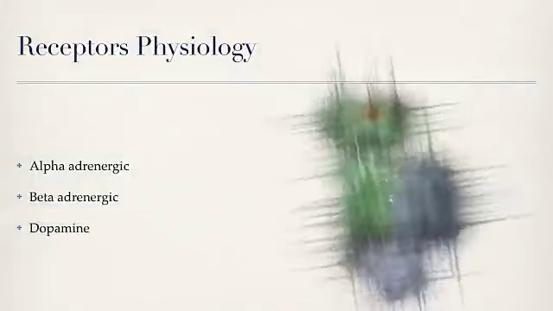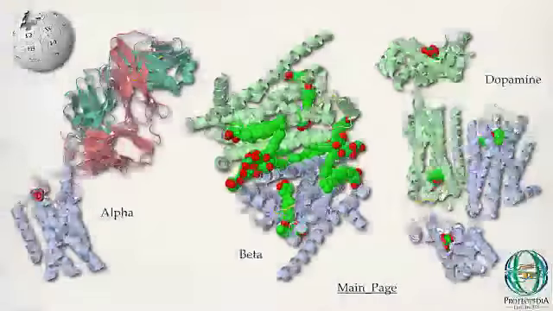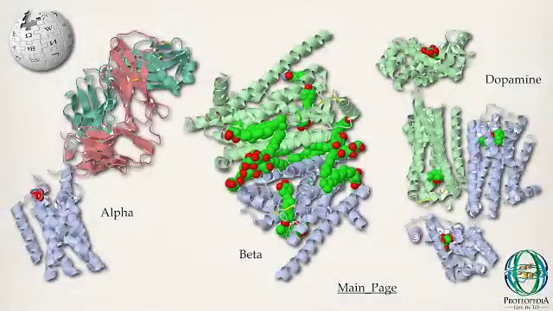Alpha adrenergic receptors are mainly found in blood vessels, and they cause vasoconstriction. There also are a few of those present on the heart muscle, and they increase the duration of contraction. The exact physiological role of such is not clear. Also, beta adrenergic receptors: beta 1 is the inotropic receptor.